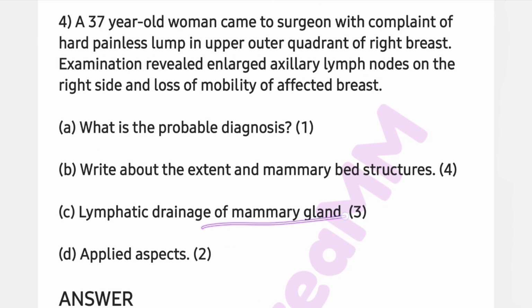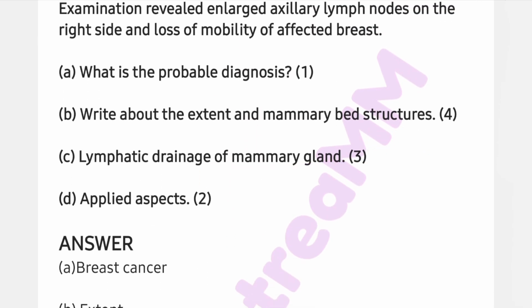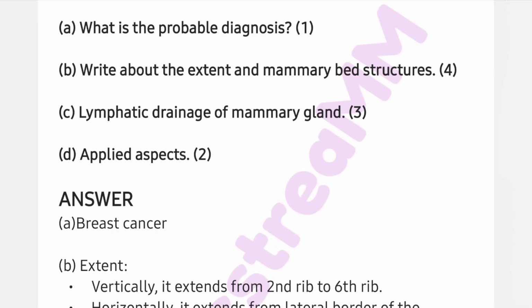Now the lymphatic drainage of the mammary gland we have already completed. The applied aspect also we have completed. I said in venous drainage it travels to the brain, that you can write, and you can write about Krukenberg's tumor, how it spreads to the ovary. You can also write about retraction of the nipple. Retraction of the nipple takes place because of fibrosis of the suspensory ligament of Cooper.